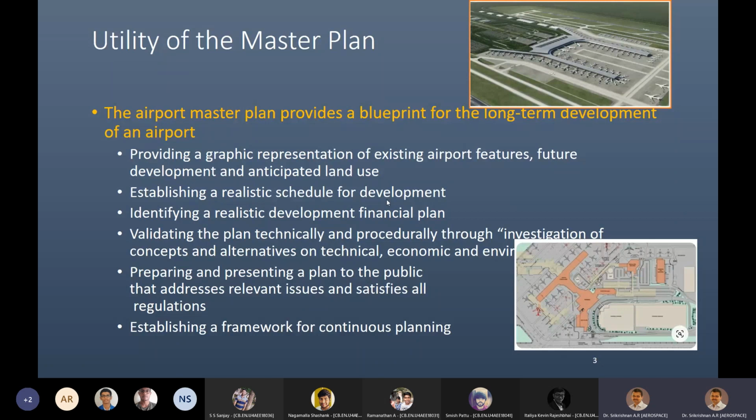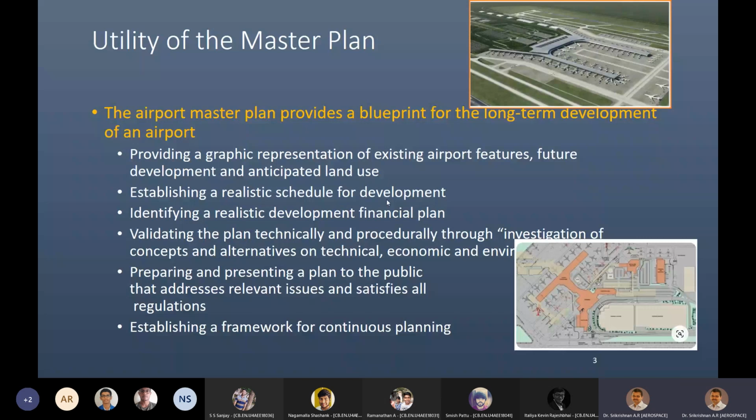On the other hand, if for several reasons it is going to be delayed, then the financial plan should also reflect that, because there is going to be an inflationary impact on the projected numbers. So in either case, the financial plan will have to be prepared in accordance with the master plan.